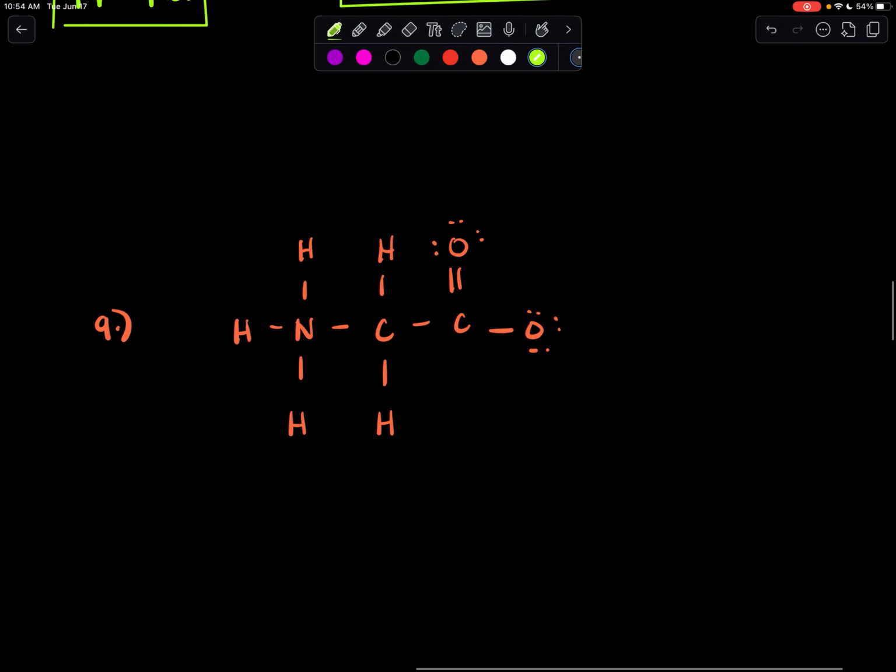All right, let's look at our carbons. This carbon looks happy. 1, 2, 3, 4. 1, 2, 3, 4, 5, 6, 7, 8. This carbon looks happy. Let's look at our oxygens. 1, 2, 3, 4, 5, 6, 7. We said that oxygen likes to have 6 valence electrons.